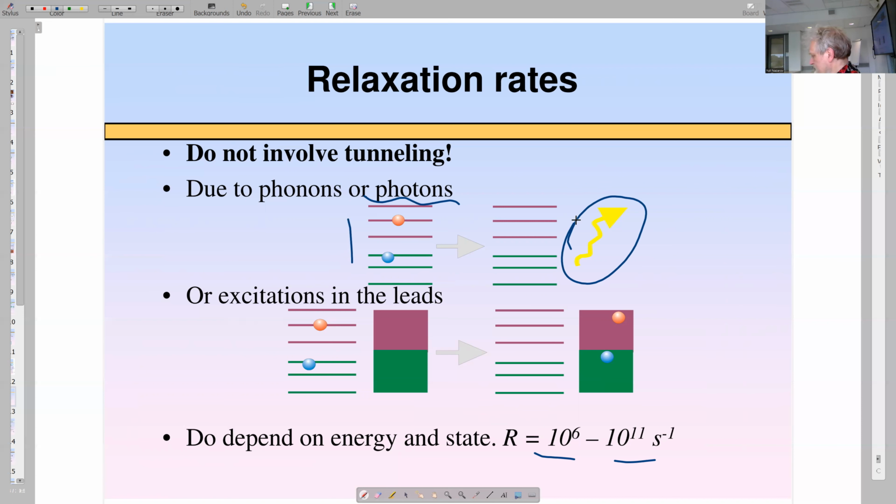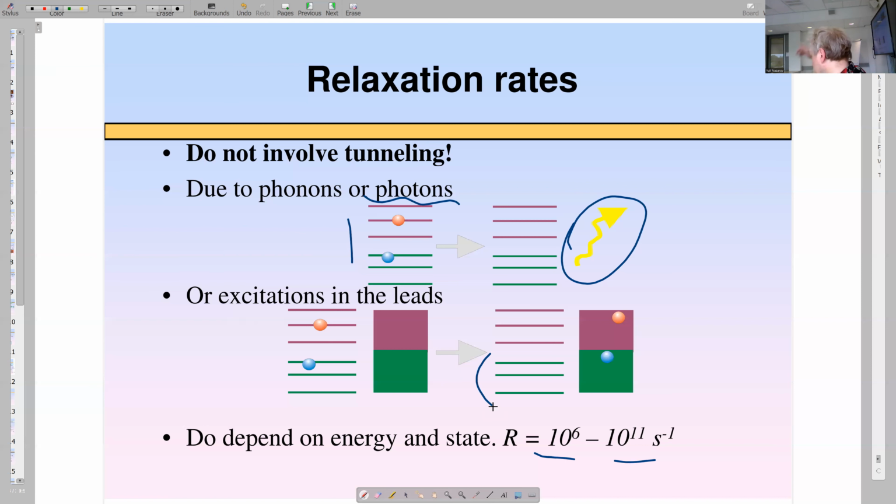An interesting process which can occur is a conversion of an electron-hole pair in the dot to an electron-hole pair in the leads. So in this case, the quantum dot is back to the ground state. Funny enough, it can occur without tunneling through the barrier.